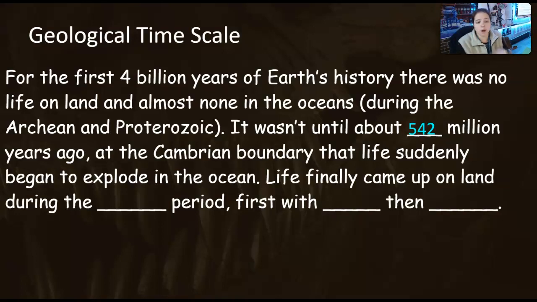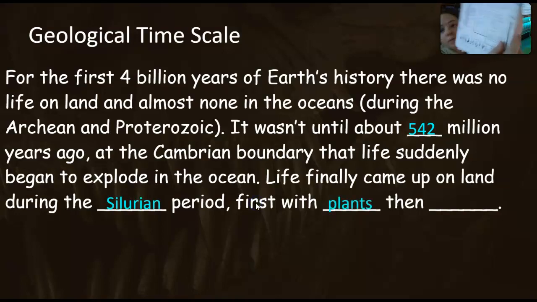It came up in the ocean, and we finally have living things in the ocean. And life then finally comes up on land during the Silurian period, where you have the earliest land plants and animals. I'm finding that in life on Earth, and I see earliest land plants and animals in the late Silurian right there.